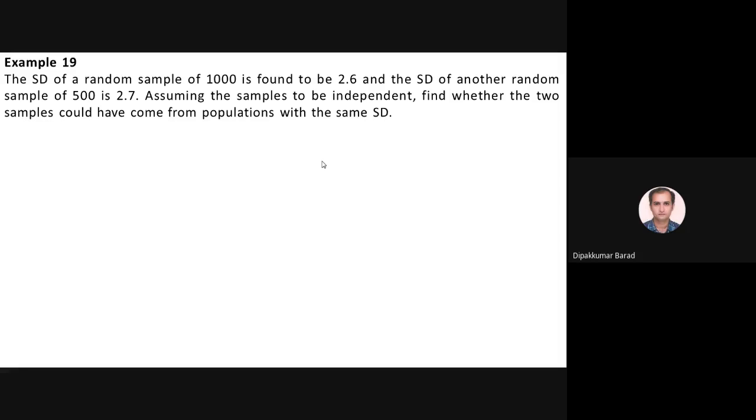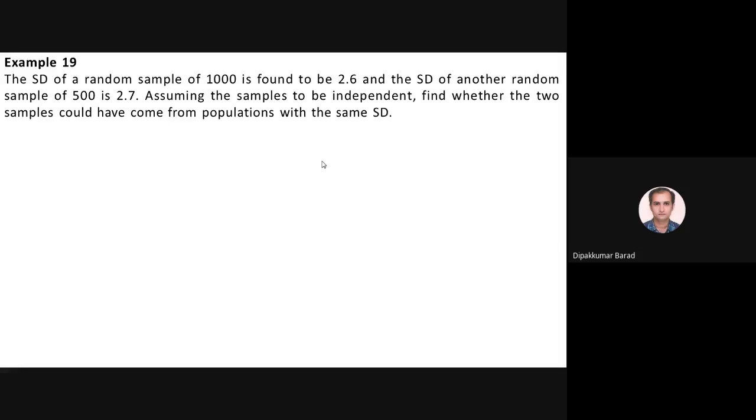Now, in the example, the standard deviation of a random sample of 1000 is found to be 2.6, and the standard deviation of another random sample of 500 is 2.7.